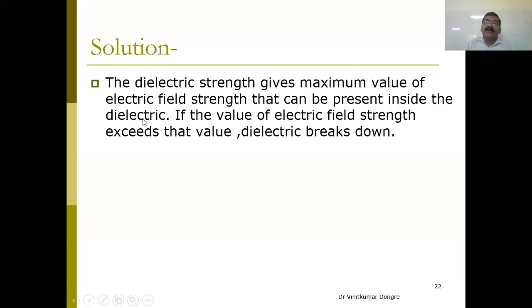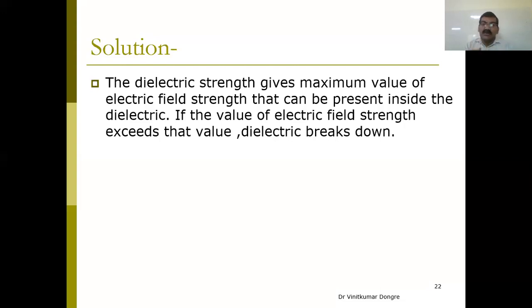The best example to understand this: in the rainy season, if you are going below a high tension cable, if it is raining or a very humid atmosphere, and you are carrying an umbrella, you will get an electric shock.